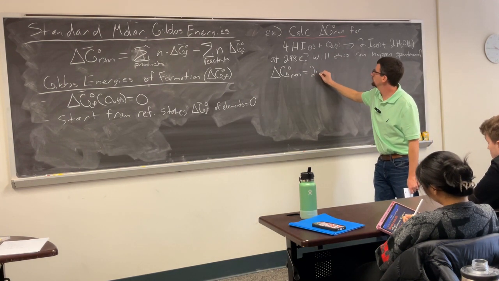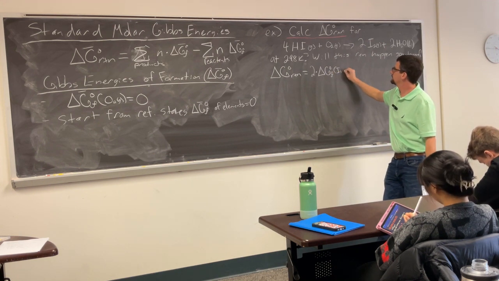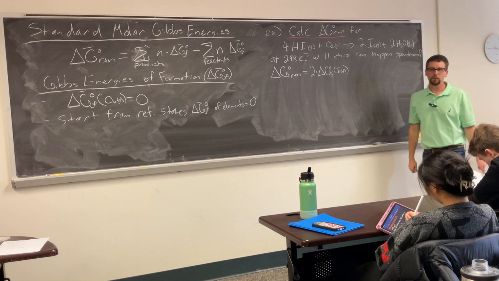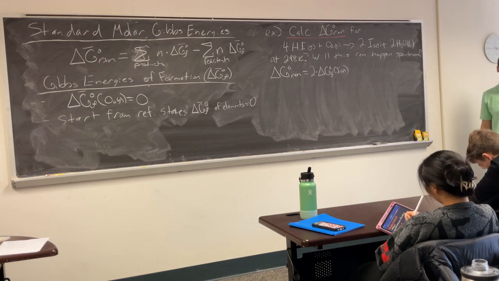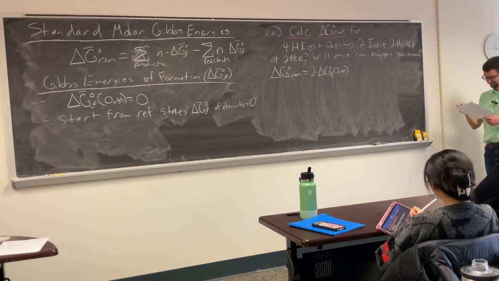Iodine. We've got to do 2 I2 gas. What do we know about that one though? Yeah, it's 0. No, it's not 0. I lied. Anybody know how iodine's found?